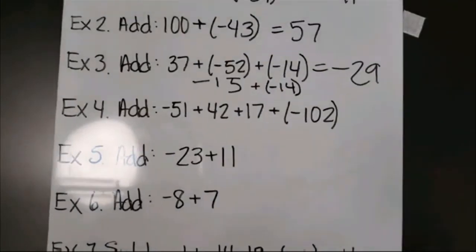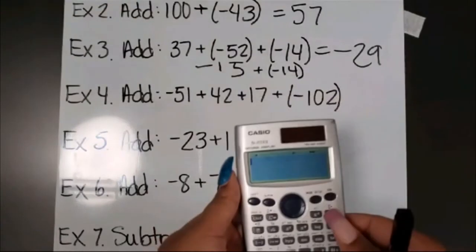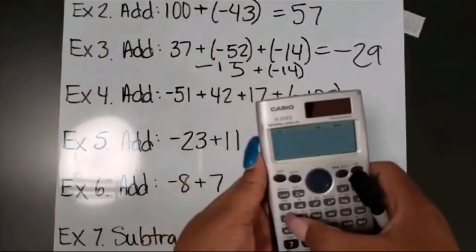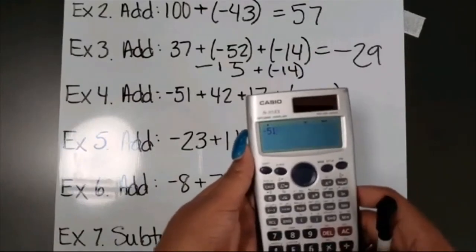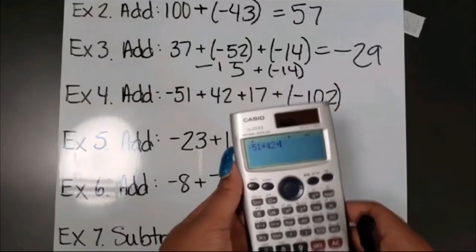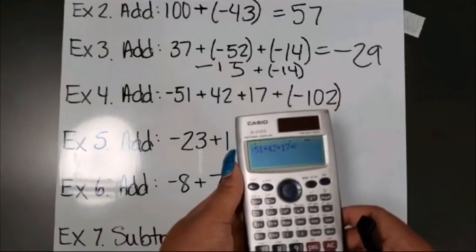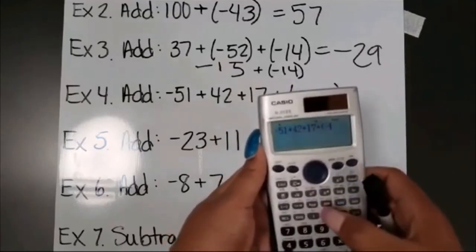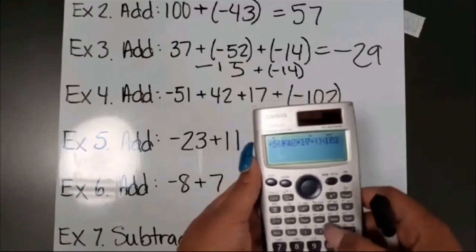All right? So for number 4, we have 4 terms. Okay? So let's put these in our calculator. So we have negative 51 plus 42 plus 17 plus negative 102.